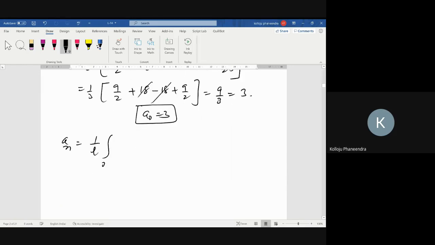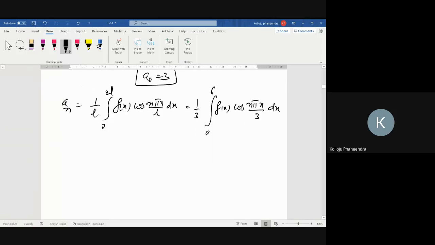Next one. An equal to what? 1 over L, 0 to 2L, f of x into cos n pi x by L dx. Now this is 1 by 3, integral 0 to 6, f of x cos n pi x by L, L value 3. So again split into two parts. This is 1 by 3.